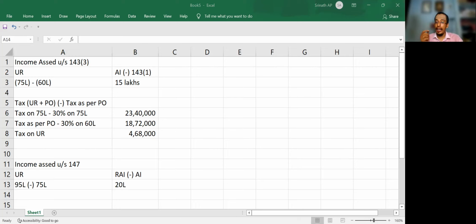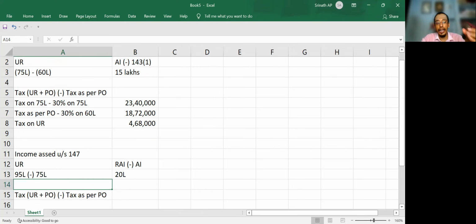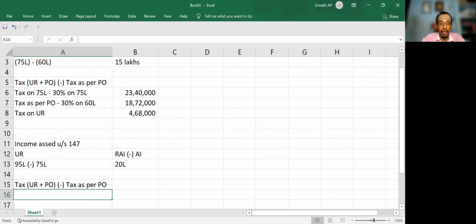Here again, tax on under reporting of income, you have got three: one is return of income not filed, second is for the loss, third one is others. Here also you have to do it like this. Tax on under reporting of income plus income as per the preceding order: 20 lakhs plus 75 lakhs.